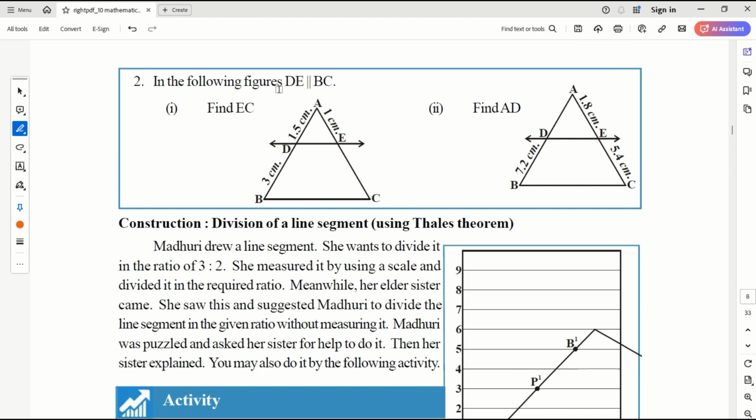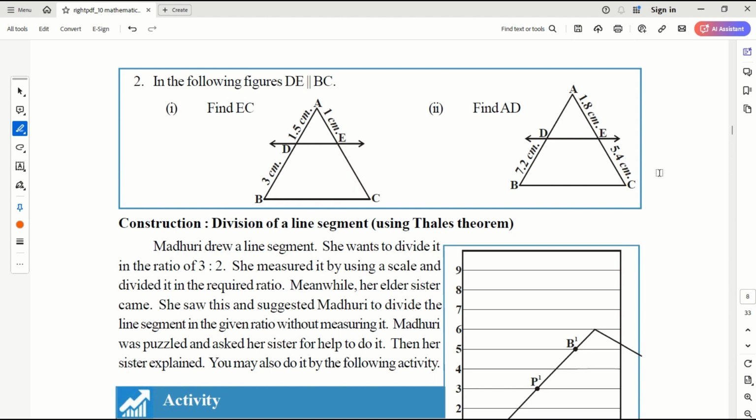Okay, now in the following figures, DE is parallel to BC. It is given DE is parallel to BC. Now we need to find EC. So 1.5 times 2 is 3, and 1 centimeter times 2 is 2 centimeters. So EC is 2 centimeters here.